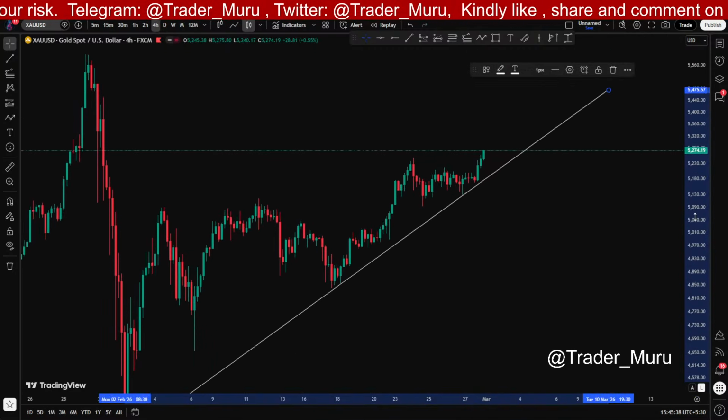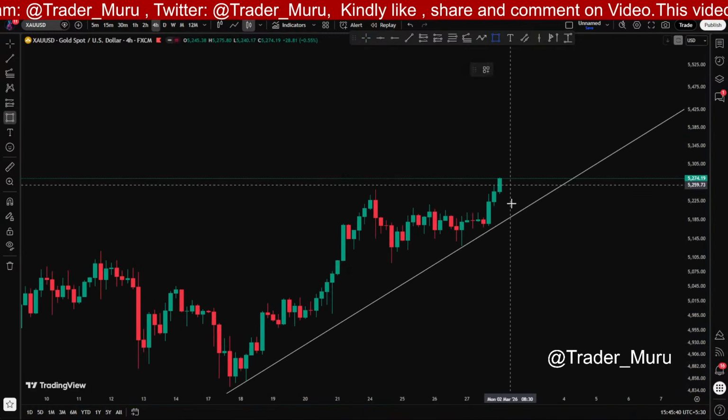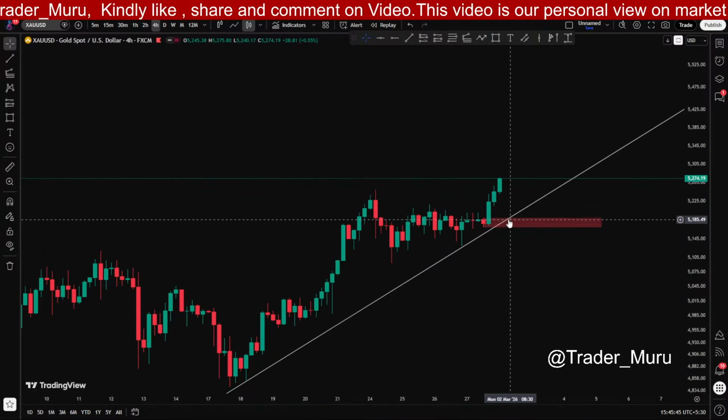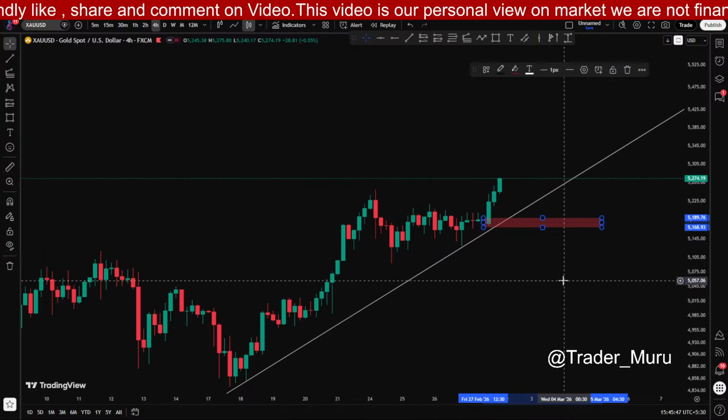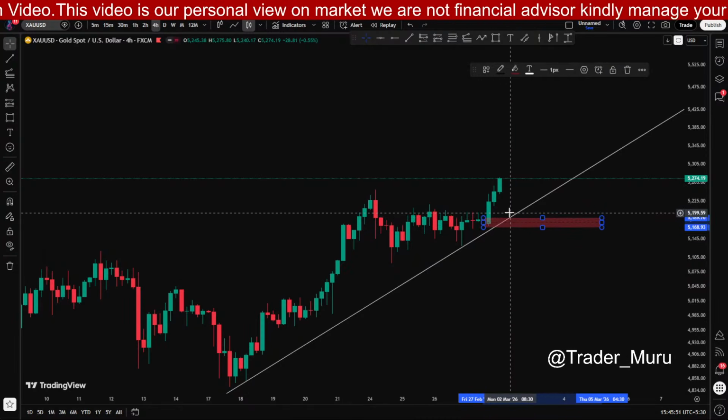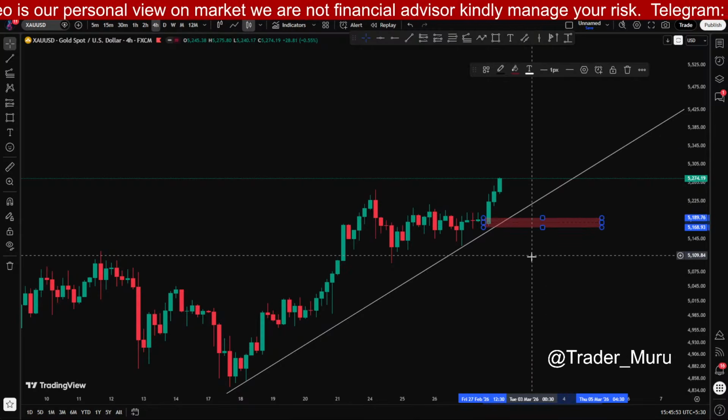Just this trend line and this order block. Max possible wick at this level. It will sweep this and again close back above and again pump.